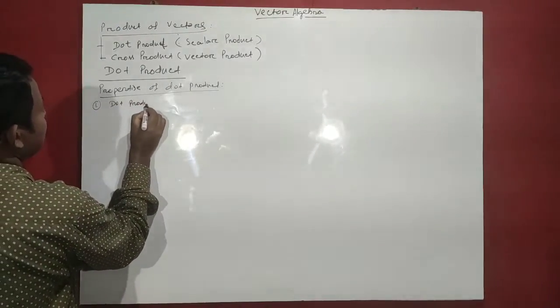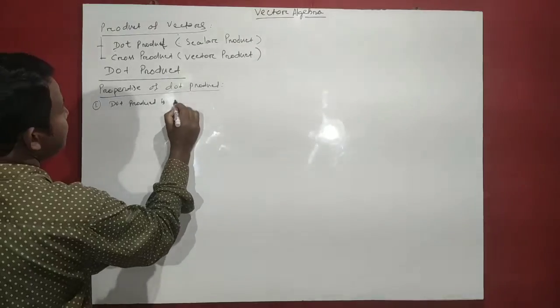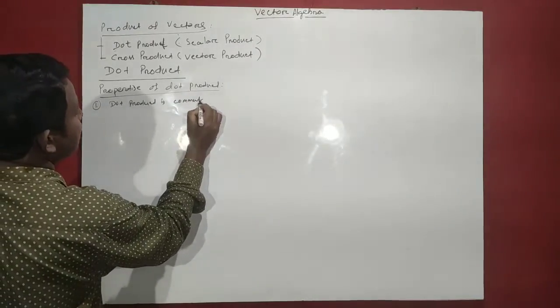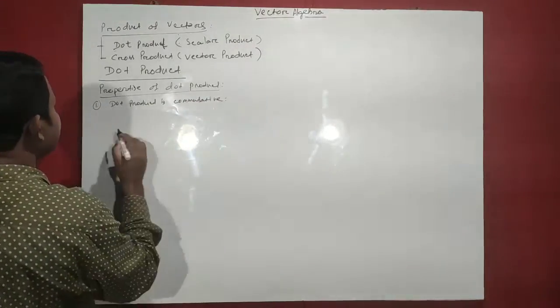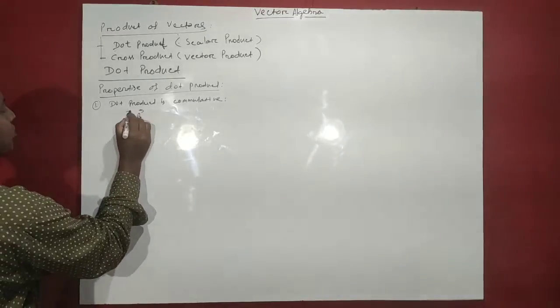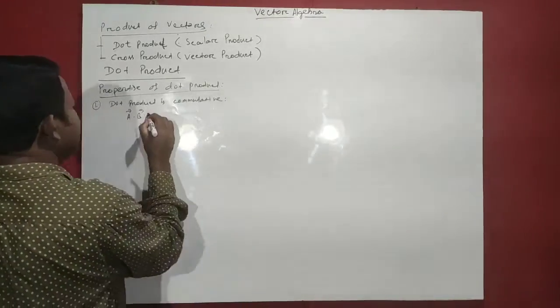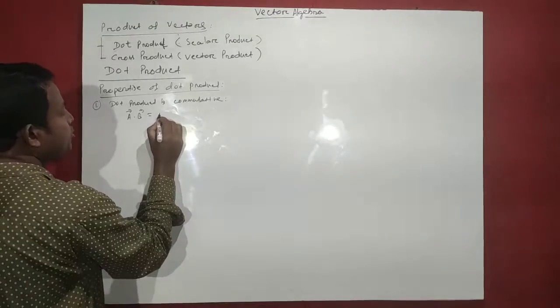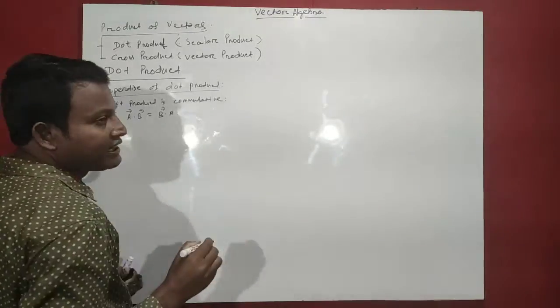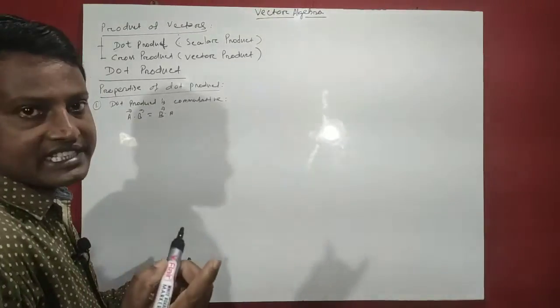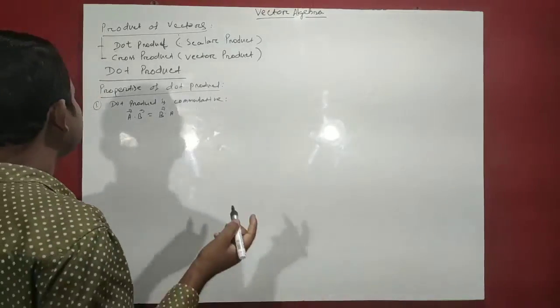Dot product is commutative. That is, if we change the sequence of the product of two vectors, the resultant does not change.